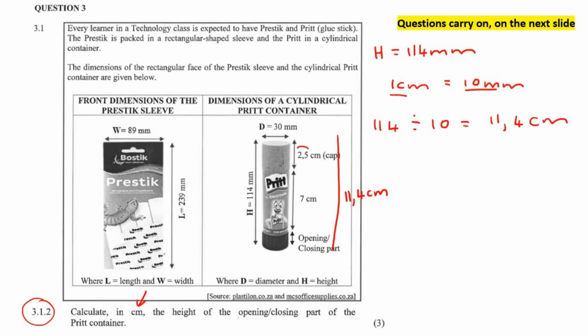This is already 2.5 and this is already 7. If we add that together, that's 9.5. So how much more do we still need to make 11.4? We can say 11.4 take away 9.5, and that would give us 1.9 centimeters. So that part there would be 1.9 centimeters.